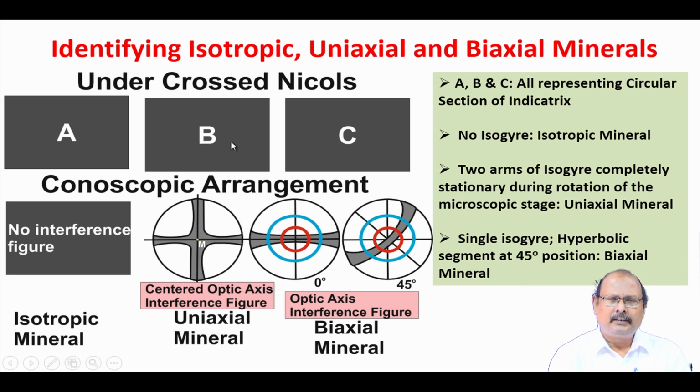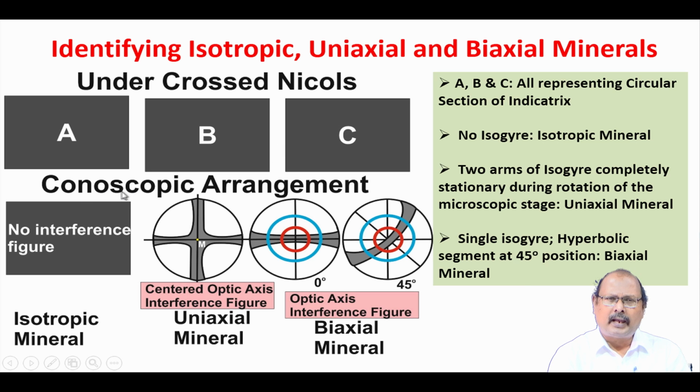Immediately you can tell that all the 3 minerals represent circular sections of their indicatrix. Now, how do you know then which one of these is isotropic, which one is uniaxial and which one is biaxial? If these are the circular sections of the indicatrix, then essentially you will be seeing the optic axis interference figure for uniaxial and biaxial minerals.